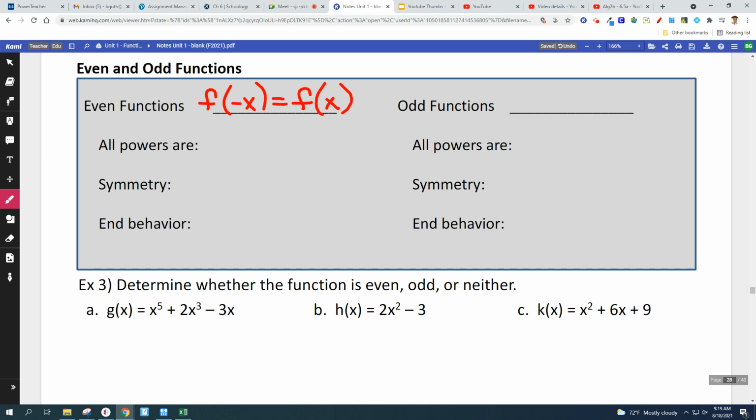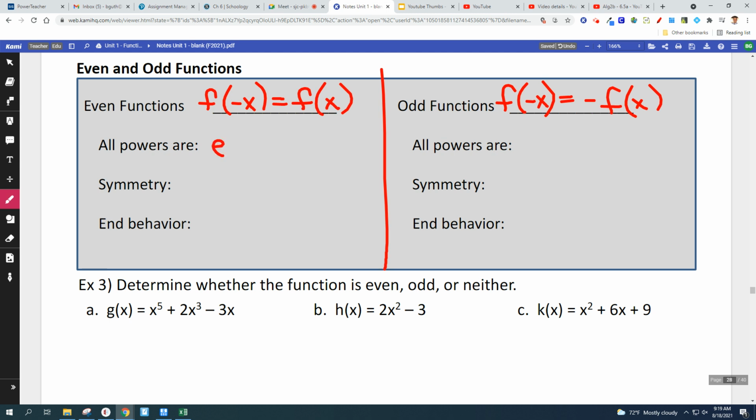Odd functions, if you plug in a negative or opposite of x, you get the opposite of the function. It's really hard to wrap your mind around those concepts without seeing specific examples, but that's a starting point. Most people are pretty good with this though.